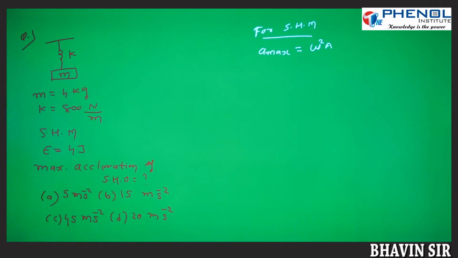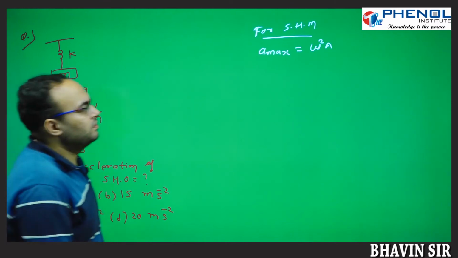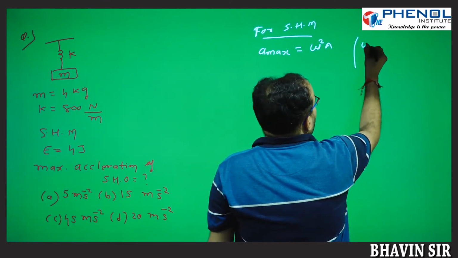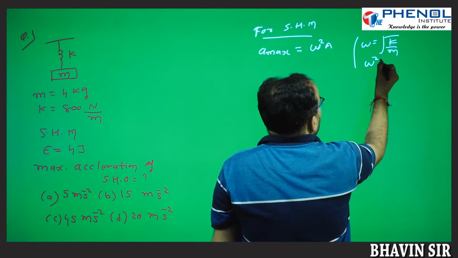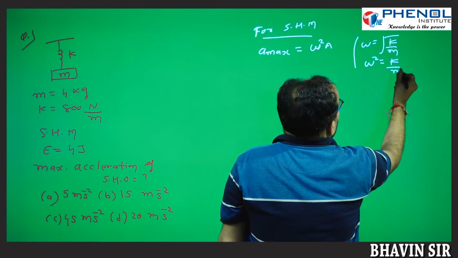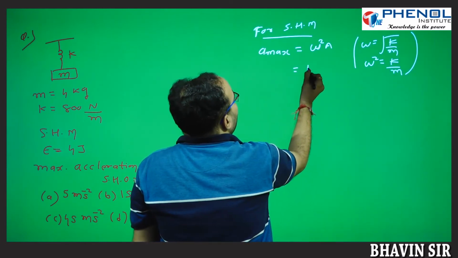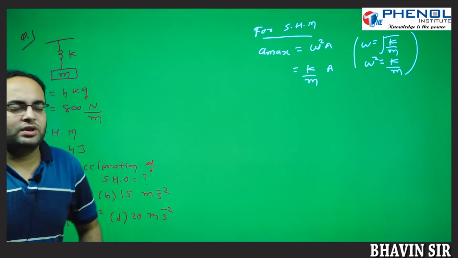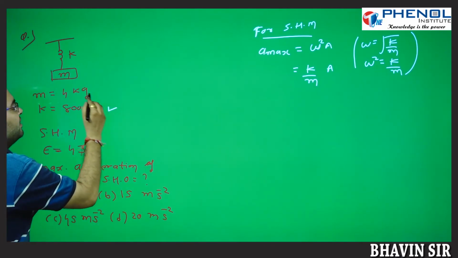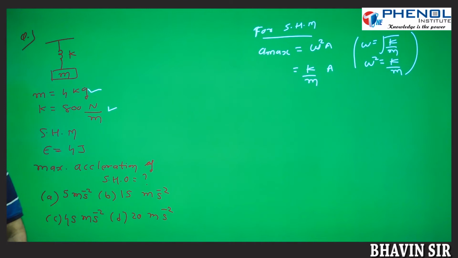Omega square A. But omega is not given, so what is omega for SHM? Omega is root of K by M, so omega square is K by M. So here we write K by M. Now students, we know the value of K and M. Now we need the amplitude, because it is not given.